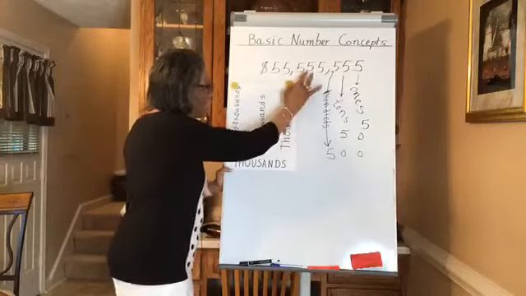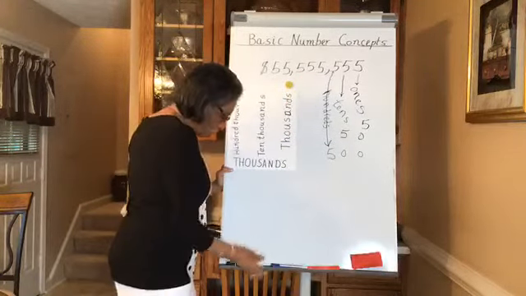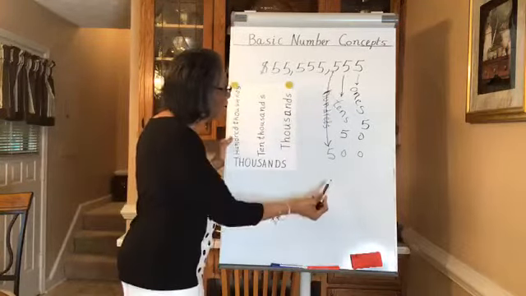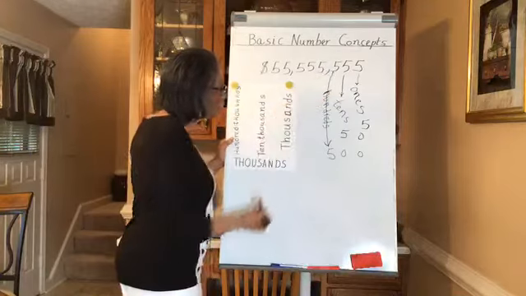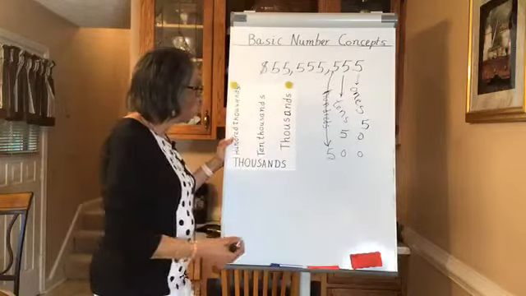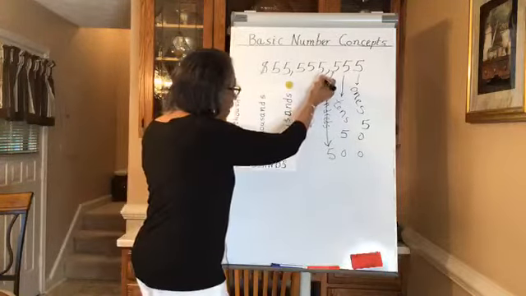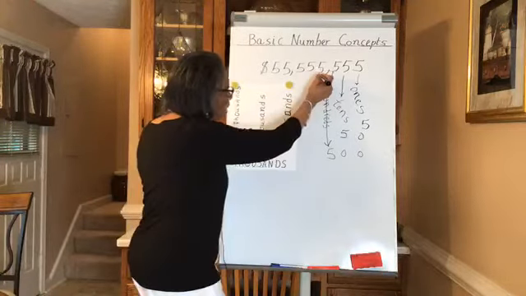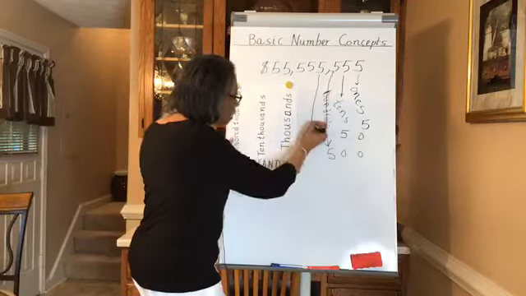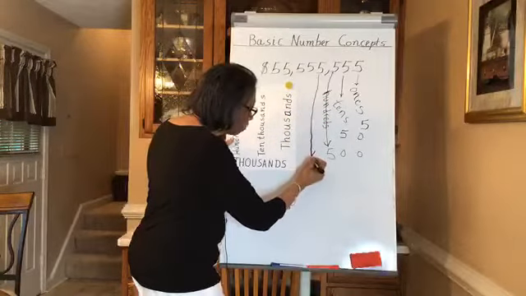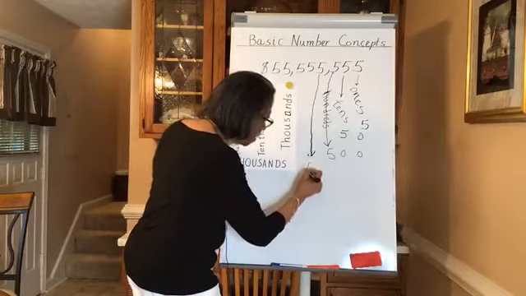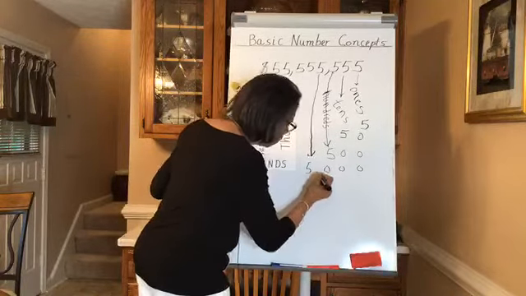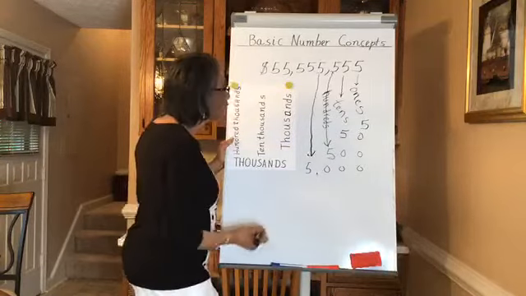So this takes care of the next 3 digits. The first 3 digits were in the ones family. Now we're in the thousands family. This first 5 is in thousands. So that would represent what? 5,000.